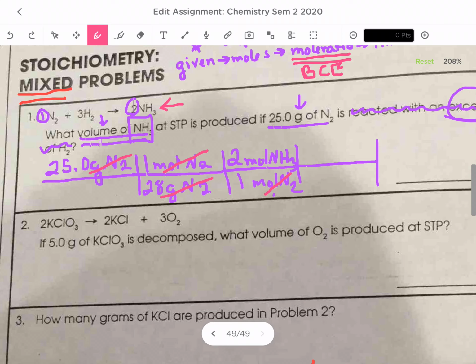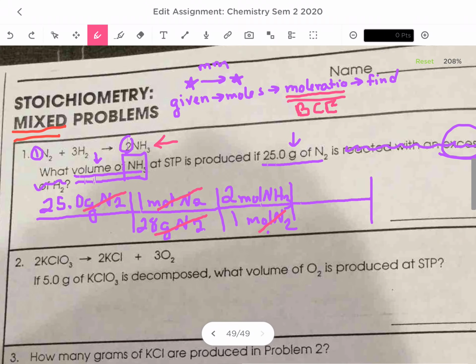And now it says that we have to go from our mole ratio to the unit we're trying to find. So I look here and I remember that I double underlined volume. So I have to go from moles, which I'm in right here, to volume.